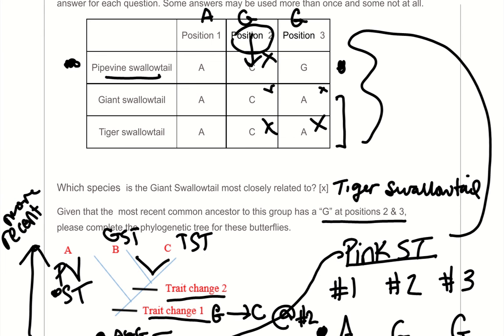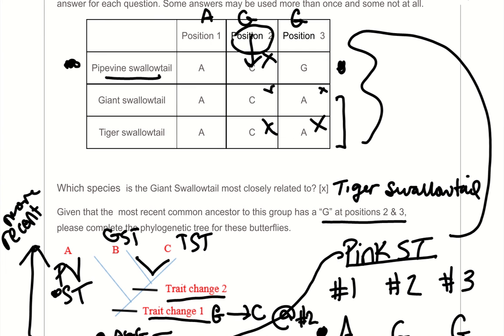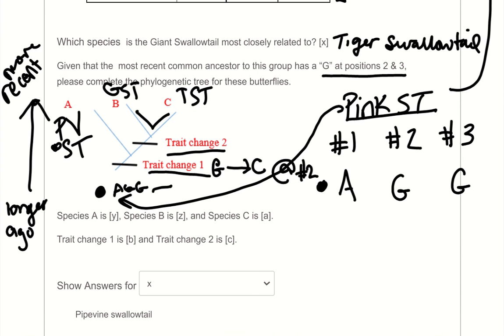And then we're looking down here and seeing, well, what's changed between our pipevine swallowtail and the rest of these two. And so what we can see there is that we've had a change from guanine to adenine in position 3. So this is G to A at position 3.